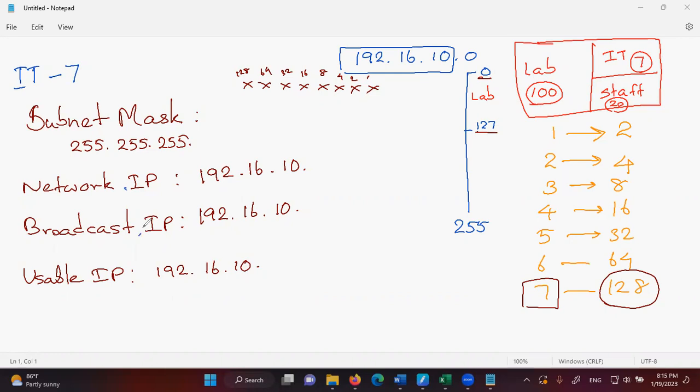So altogether for the IT room we need 9 addresses actually. For the lab we need 102 IP addresses. Actually that's 103 because of the gateway, right? We need 103 IP addresses. Here also we need another 3 more. That means we need 10.